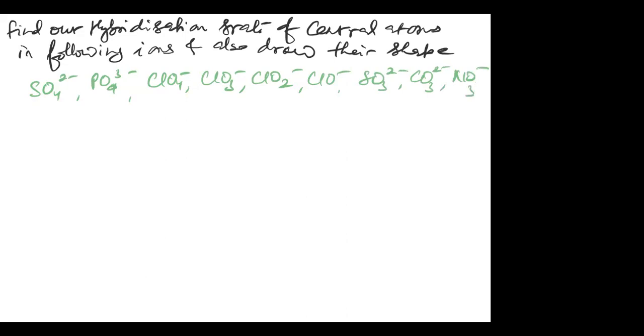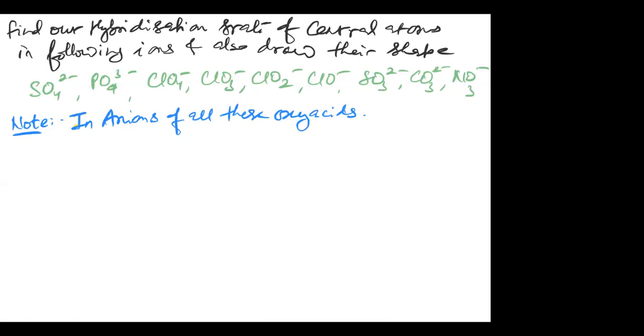Now, one note related to this is, in anions of all these oxyacids: sulfate is the anion of H2SO4, phosphate is the anion of H3PO4, perchlorate ion is the anion of perchloric acid, and then ClO3 minus is the anion of chloric acid.